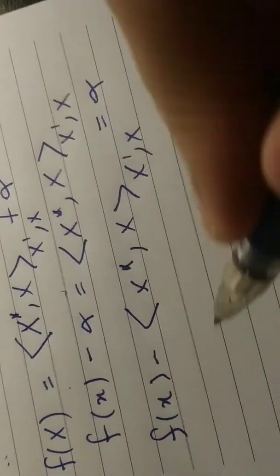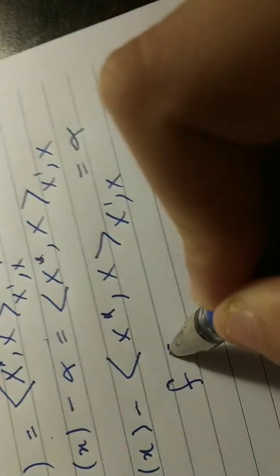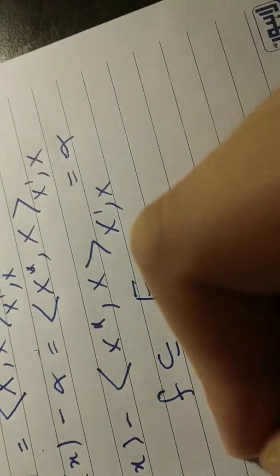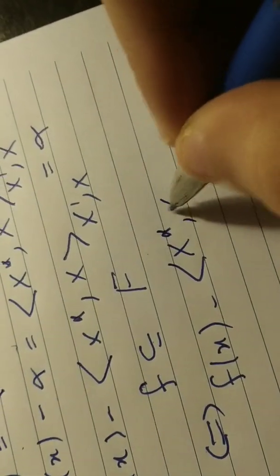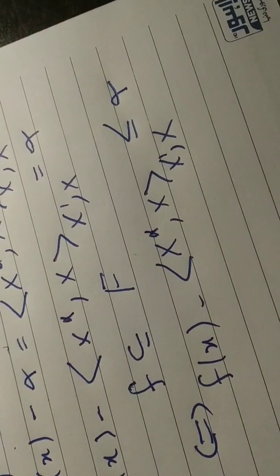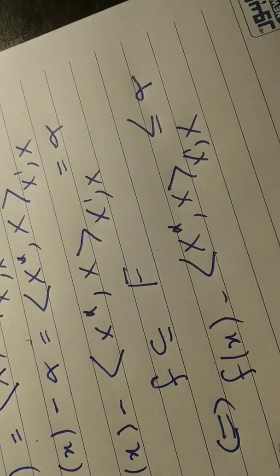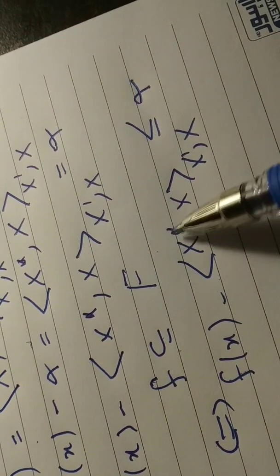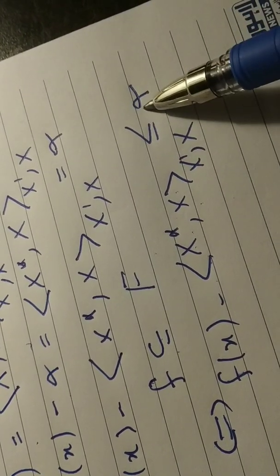Now if we have a y-intercept like that, it is contained in the epigraph of the function f if and only if we have such a type of inequality, f(x) minus the inner product of x star and x is smaller than or equal to alpha.